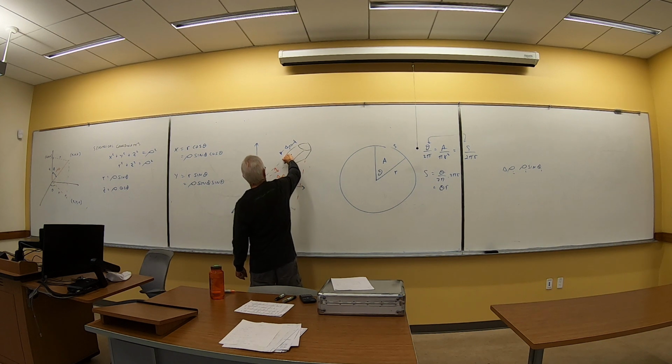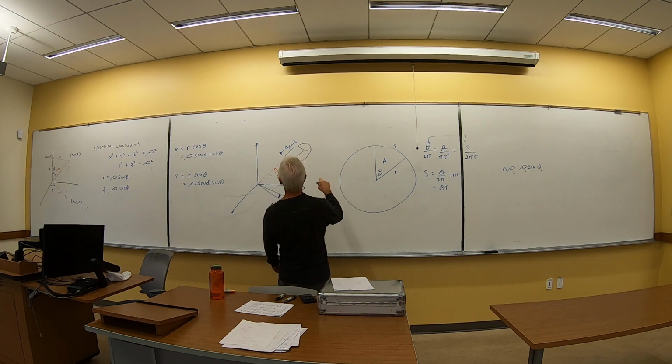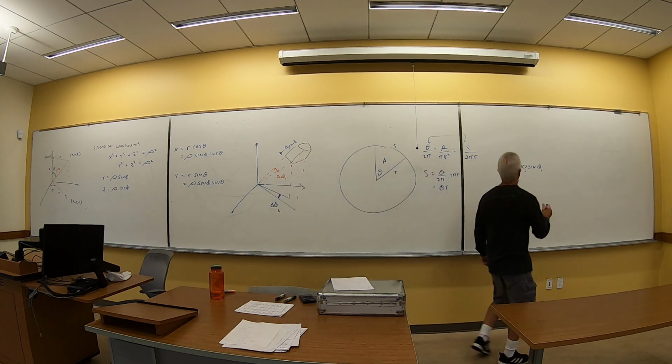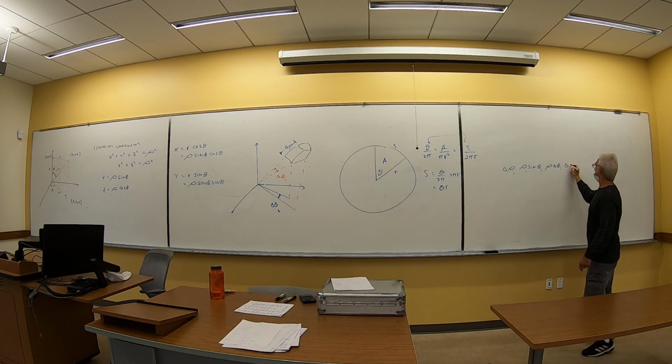That width right there is this guy here times that guy, and then I've got the last one. I've got the rho delta phi j, and then I've got the delta theta k.